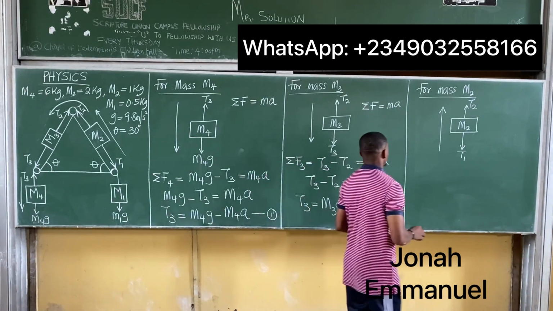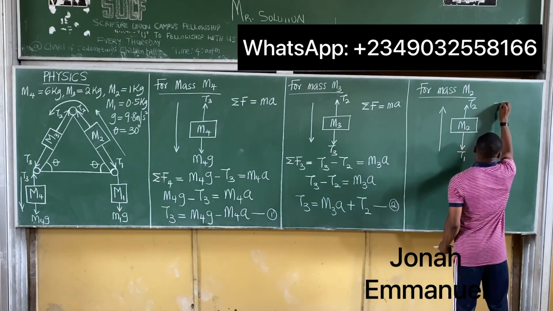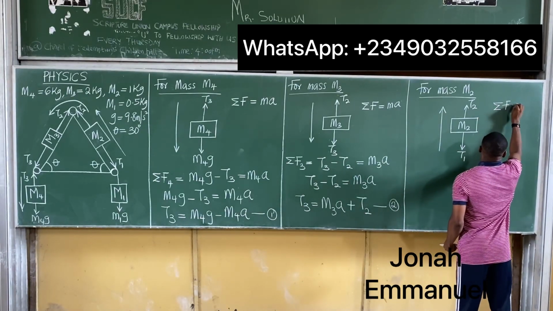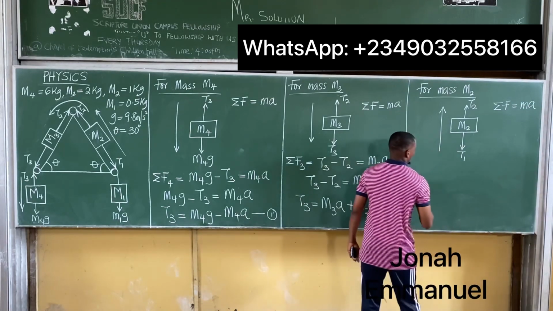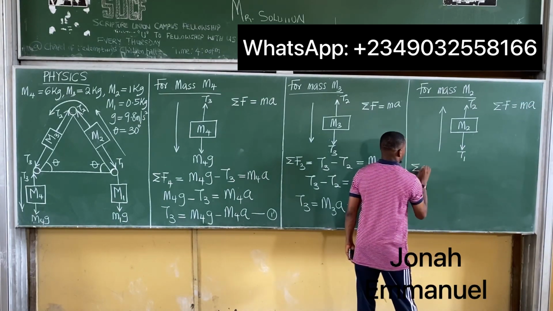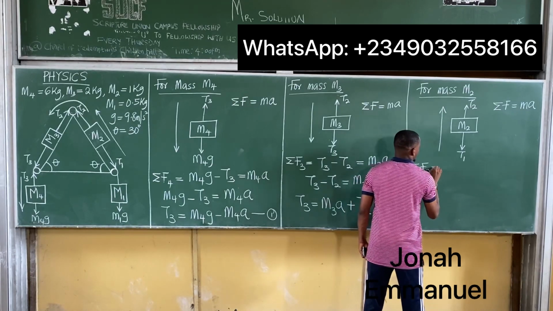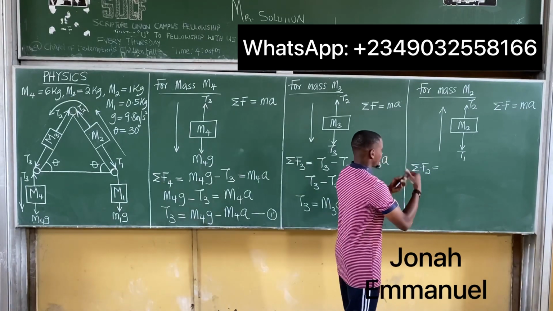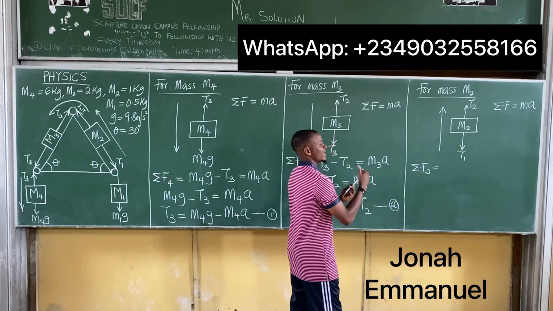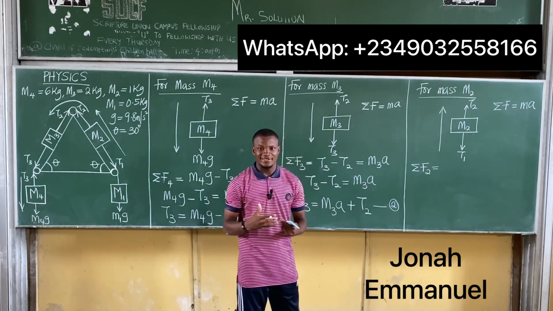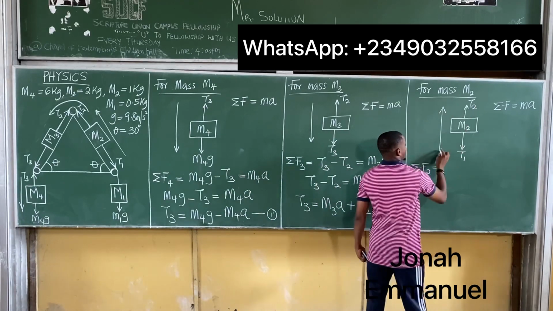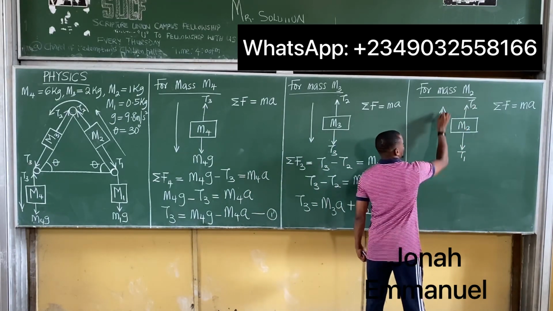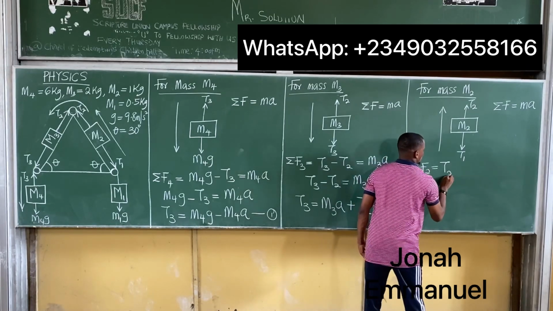All right, using the equations of motion, we said the sum of the forces is equal to MA. So sigma F2 is equal to, we said if the tension is going in the same direction as the motion of the system, it becomes positive. That means T2 will be positive as it is going in the same direction, so it becomes positive T2.